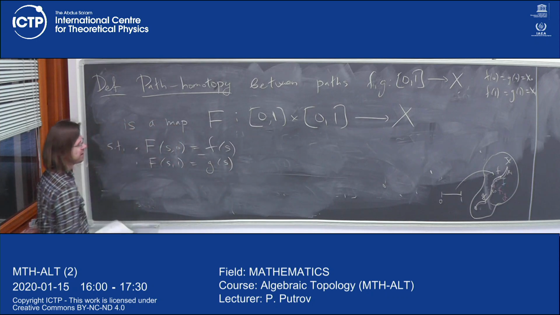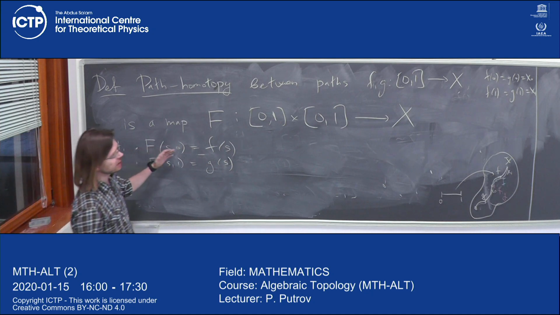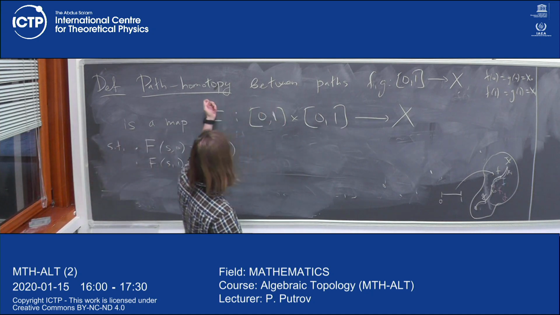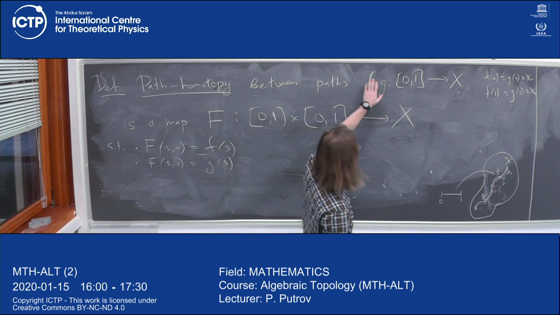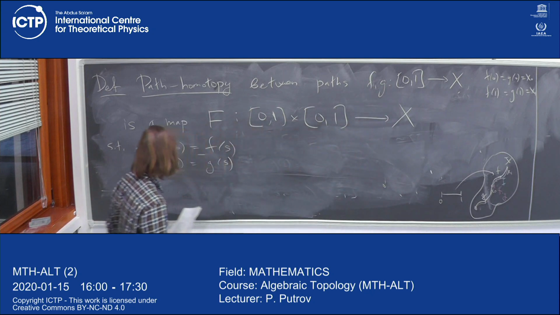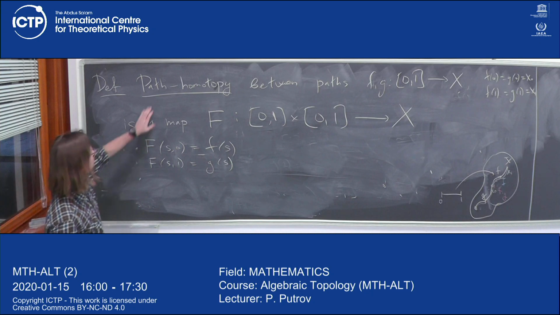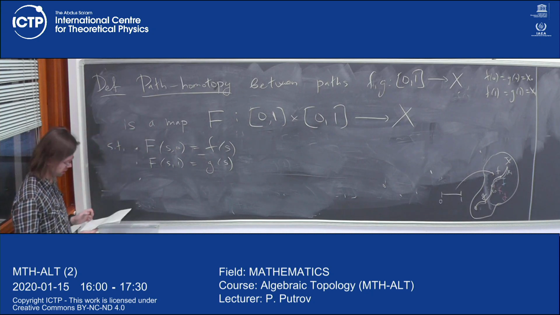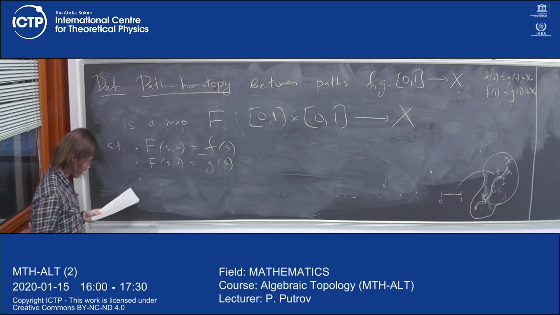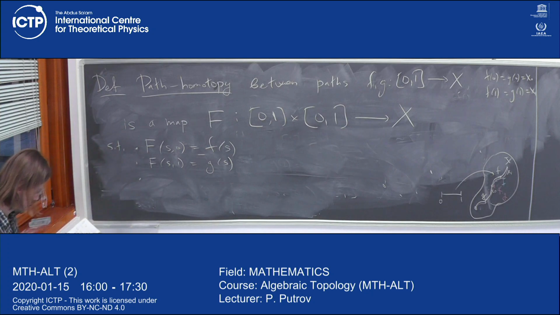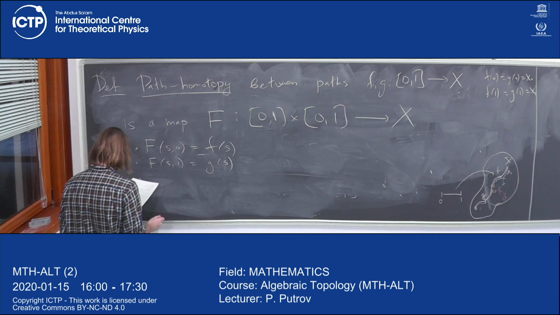So far this looks essentially the same as the definition of an ordinary homotopy that we had before, a homotopy between a pair of functions f and g. But we want to add additional conditions which will distinguish the notion of path homotopy from the notion of ordinary homotopy.